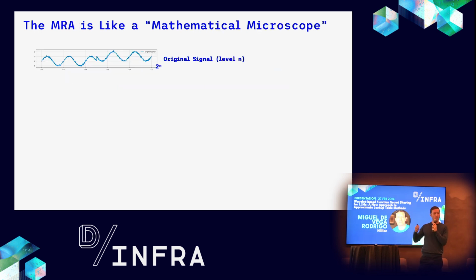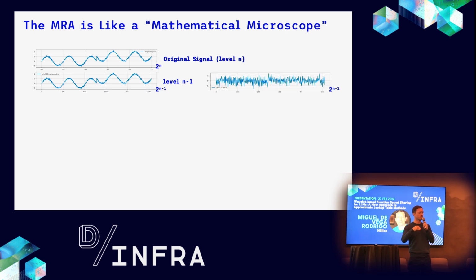And the way to picture this is by an example. It works like a mathematical microscope. If you're given a signal with 2 to the n samples, we say that this signal is at level n. We can project it down to the next coarser approximation level, and so we've lost some information. The signal now is shorter. But on the right-hand side, we're capturing all the information that we lost.